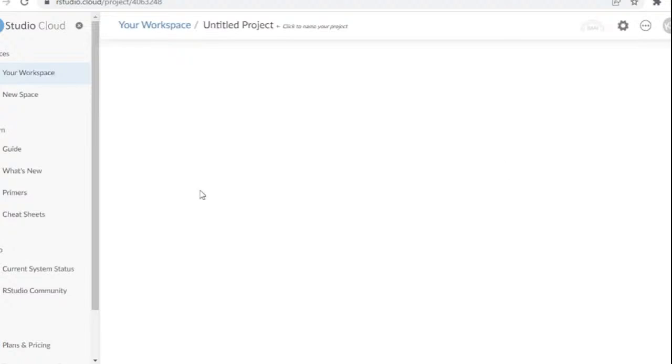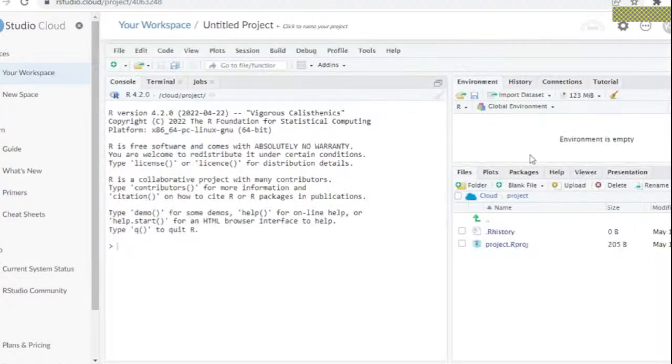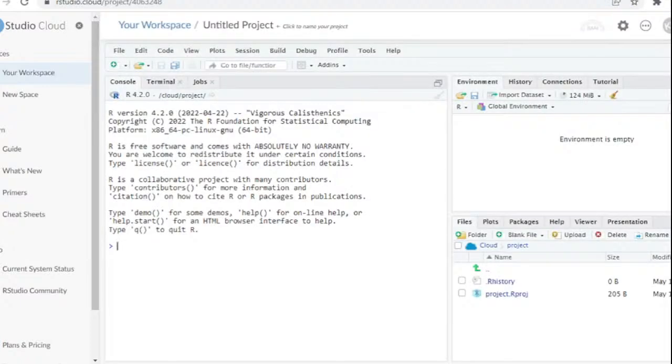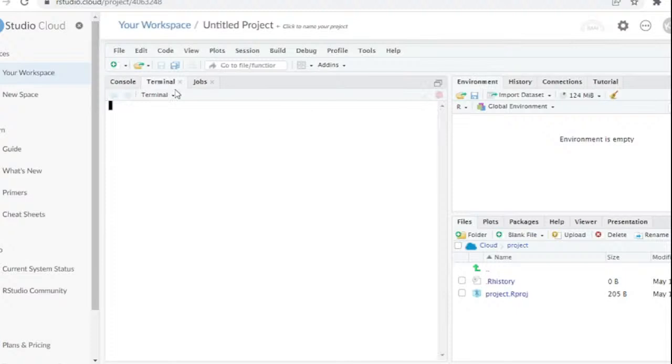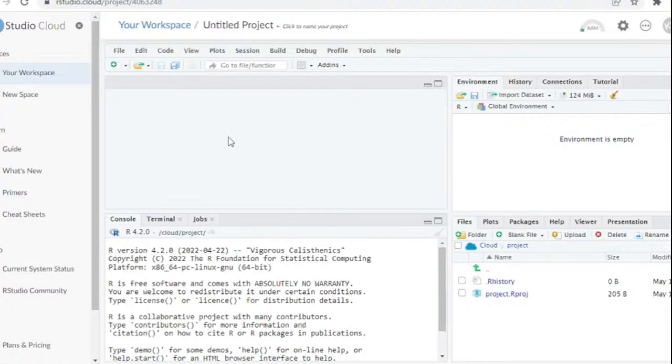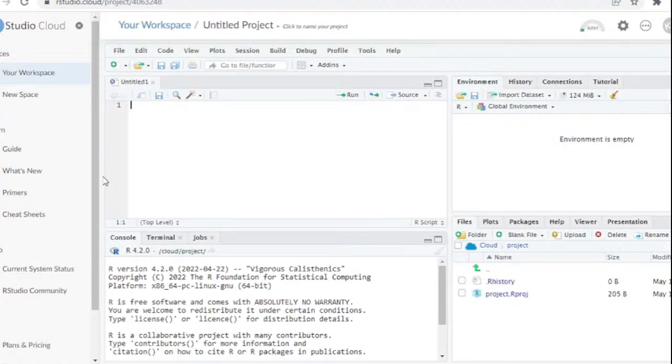Look at the interface: you will not feel as if you're in a cloud environment, and everything you create will be saved. All the shortcuts work here too.